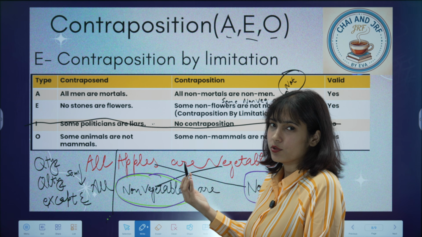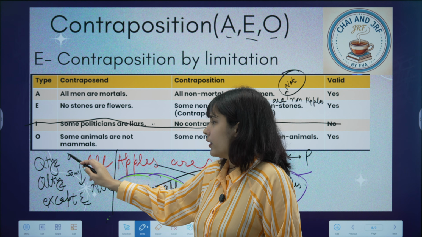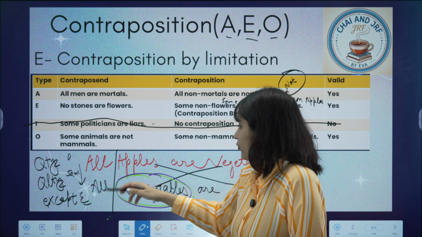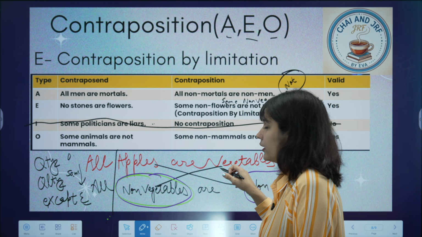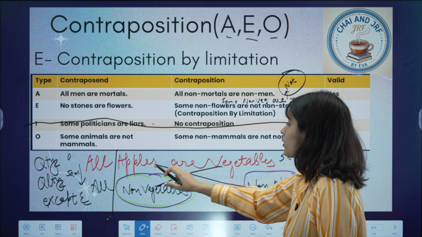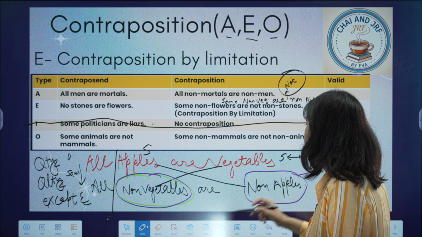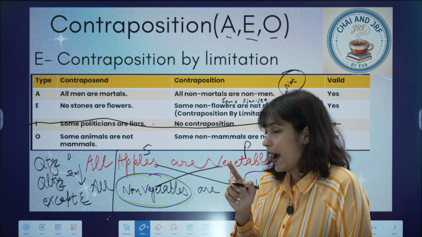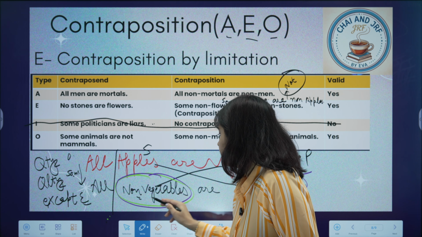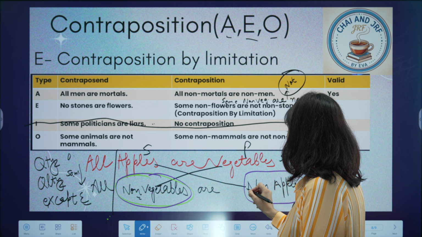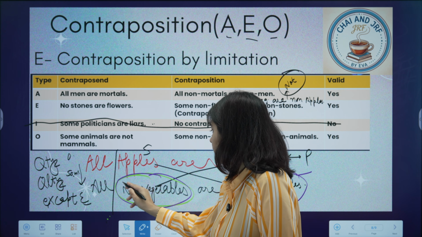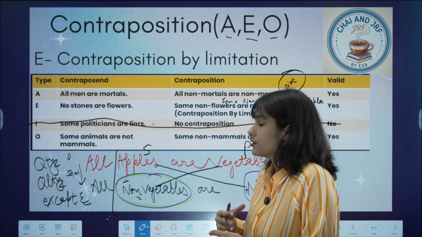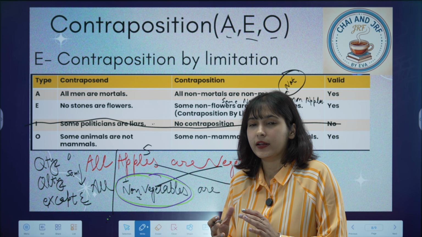So now here what is going to happen? We are going to keep the quantity and quality the same as it was originally. And moving ahead with the subject and predicate, we are simply going to interchange our subject with predicate, and we are going to add non in front of that. So when we add non, it means we are contrapositioning the subject and predicate.